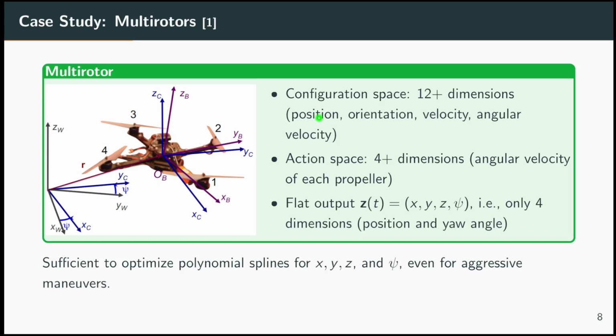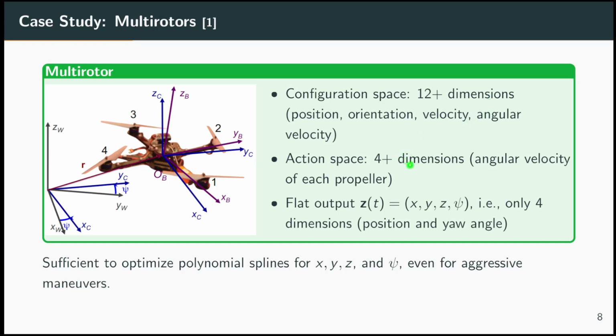You can use a rotation matrix, then the orientation would be 9-dimensional. Or you can use quaternions, then it becomes 4-dimensional with some constraints. Then the velocity, it's another 3-dimensional vector. Angular velocity, it's a 3-dimensional vector. So depending on which encoding you use, it's between 12 and I guess almost 20 dimensions.